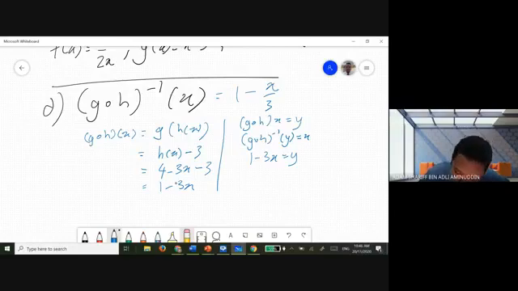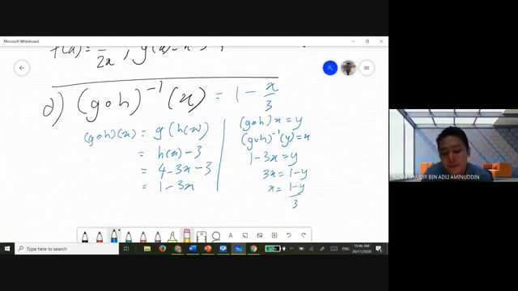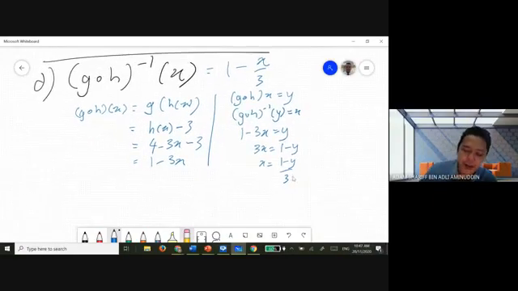Maka 3x sama dengan 1 tolak y, dan x sama dengan, betul ke ni? 1 tolak y per 3. Jadi kalau ikutkan pengiraan saya yang saya tak semak lagi, (GH) inverse x equals to 1 minus x over 3.